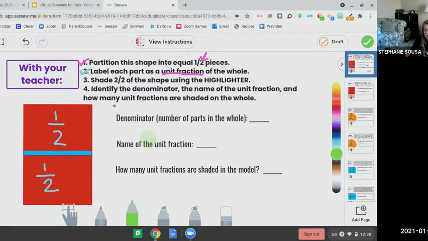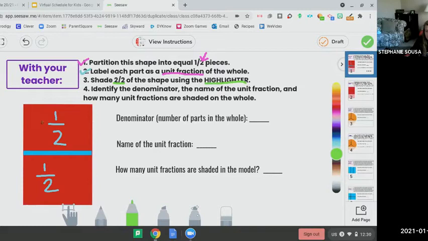Step 3 says shade 2 halves. My numerator says how many parts are being used. So if my top number is a 2, I'm going to shade both of these using the highlighter, and that's really important. And here's why.